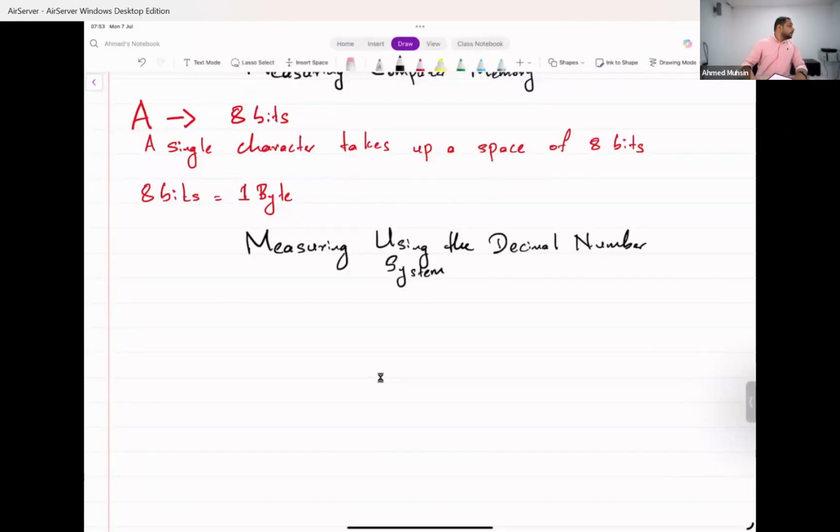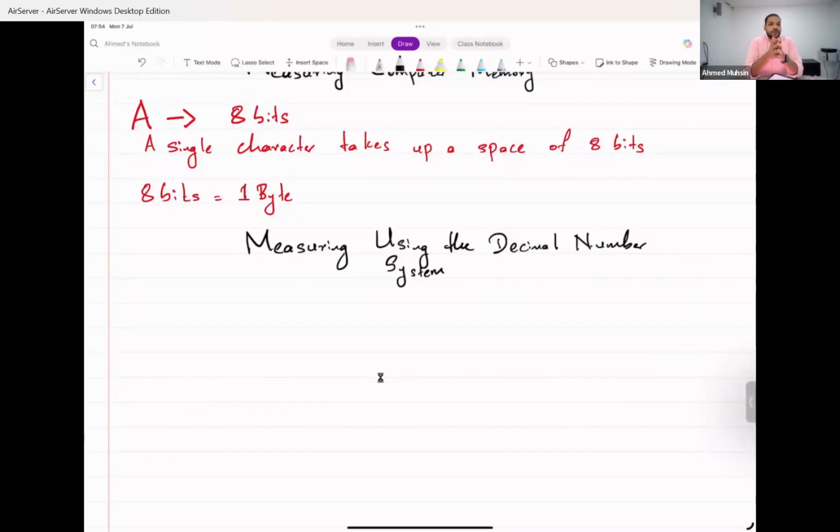What are you waiting for? So you can start now. Oh, lovely. Not working. Okay, everybody, measuring using the decimal number system.